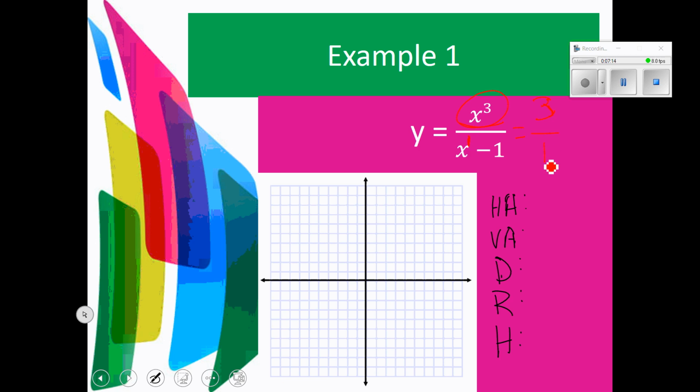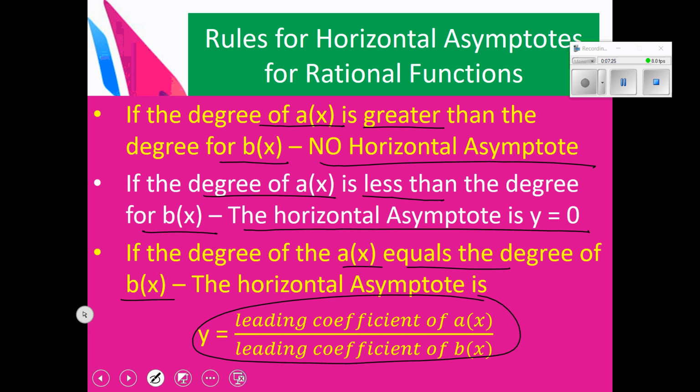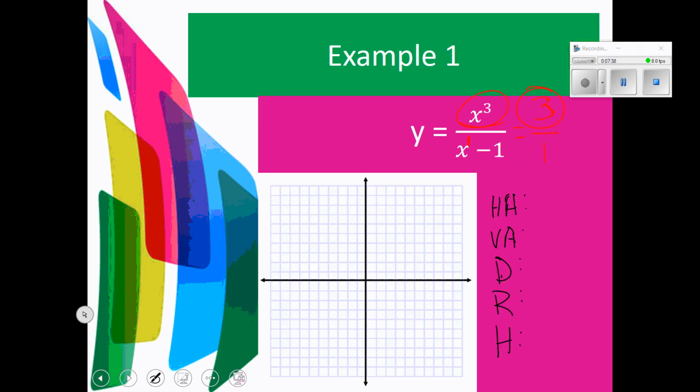Now if you go back to the rule sheet, it's bigger in the numerator. And the rule sheet says when it's greater in the numerator, then there are none. So we know that we have no horizontal asymptotes for this. Okay? So I'm going to just write none. So you don't have to draw anything yet.